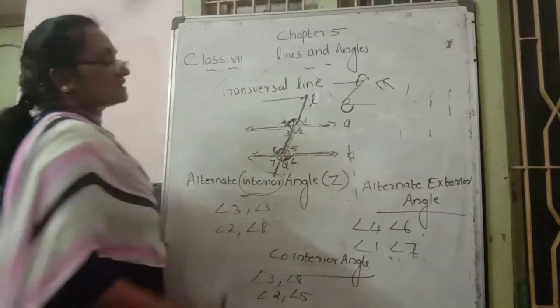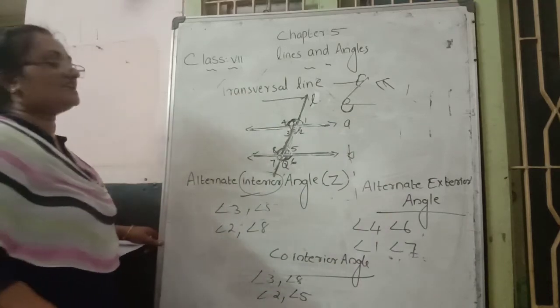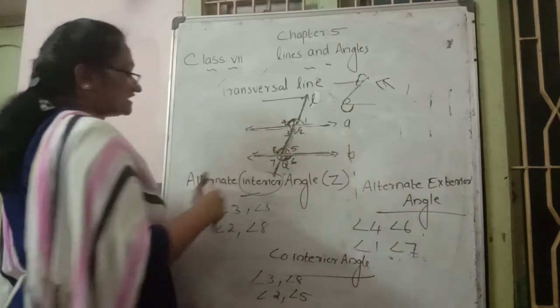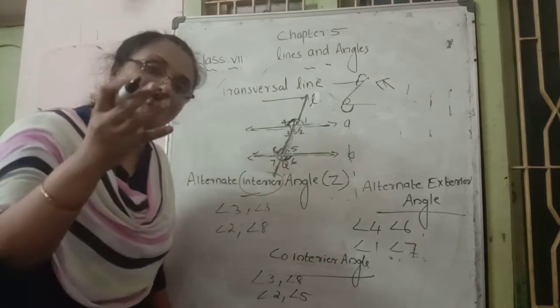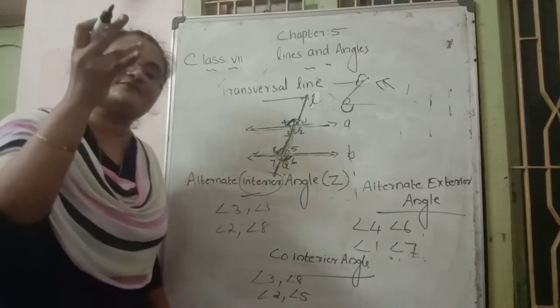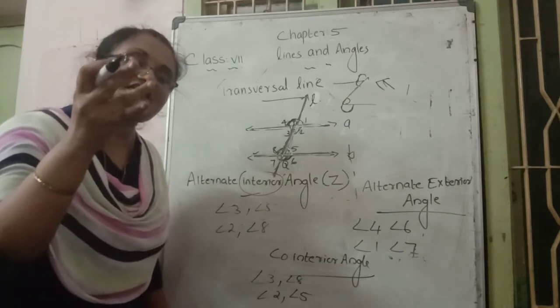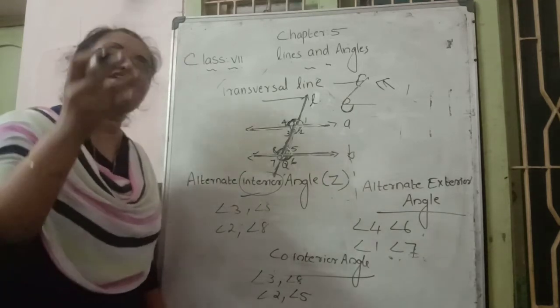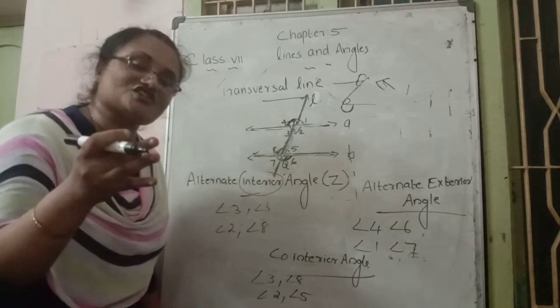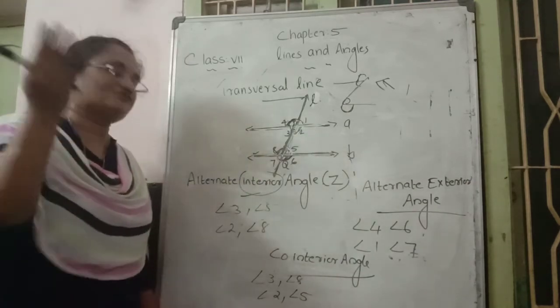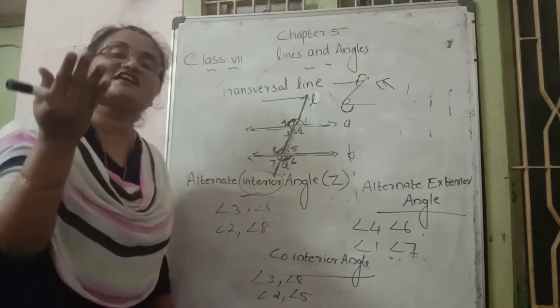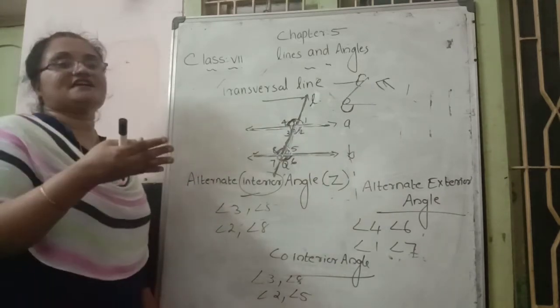Here these are related to the transversal line. What are the angles the transversal line makes? One is the corresponding angle, another is the alternate interior angle, next the alternate exterior angle, next the vertically opposite angle, and the fifth angle we name the co-interior angle.